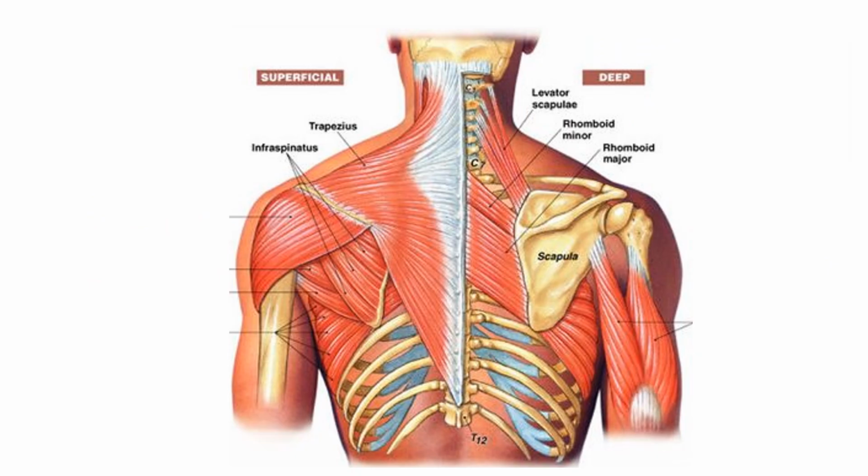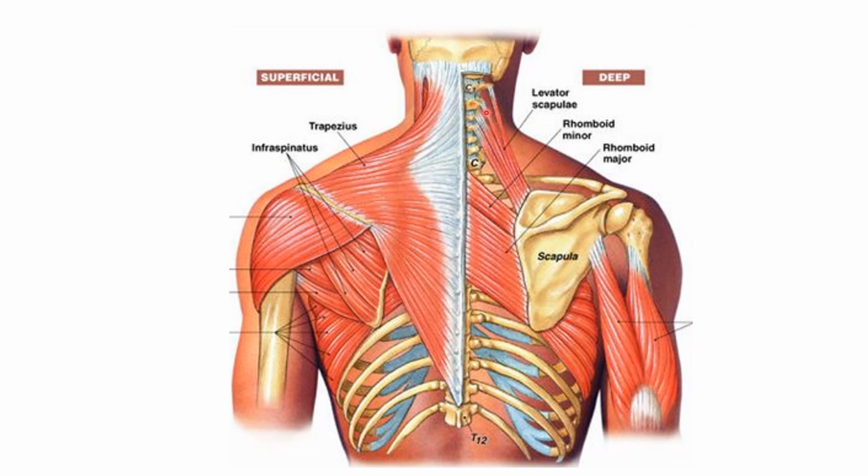First one is levator scapulae. This is the muscle, levator scapulae. This muscle originates from the transverse process of atlas, transverse process of axis, and from the transverse processes of C3 and C4 cervical vertebrae.